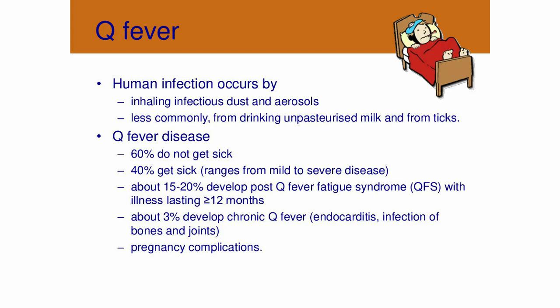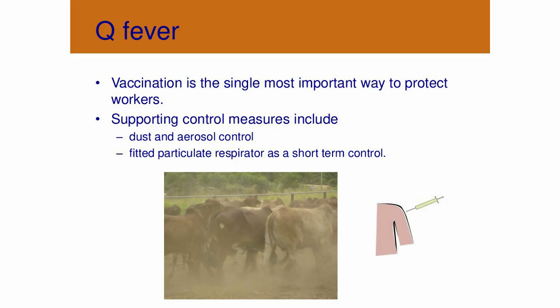Vaccination is the single most important way to protect workers, but as a health and safety inspector, I continue to see workplaces where at-risk workers remain unvaccinated and are at significant risk of infection. Supporting control measures include dust and aerosol management, for example, dust suppression in stockyards.